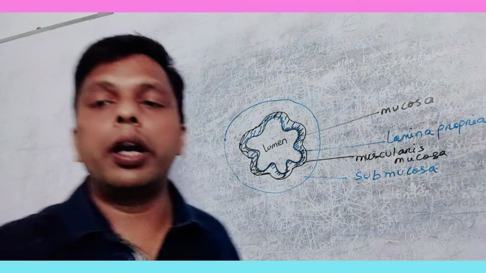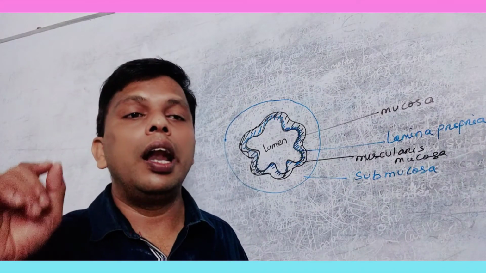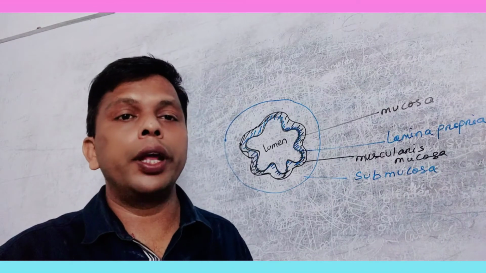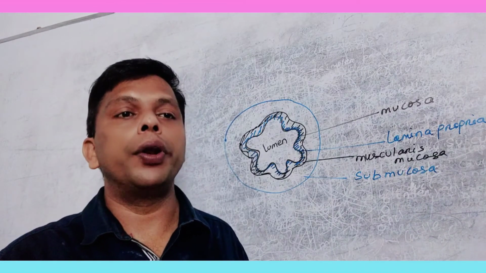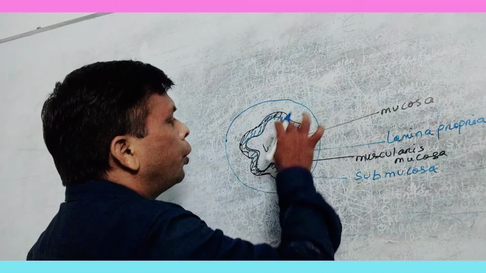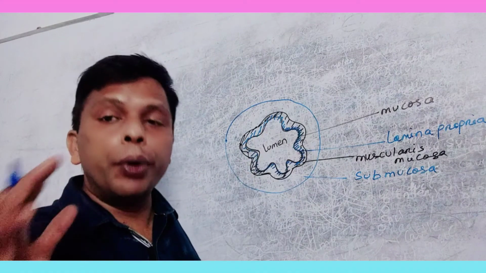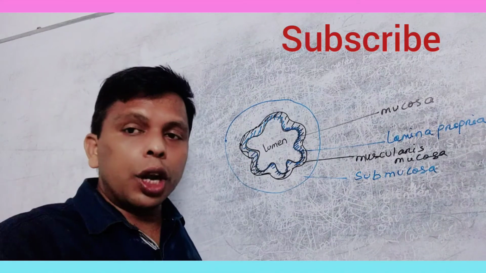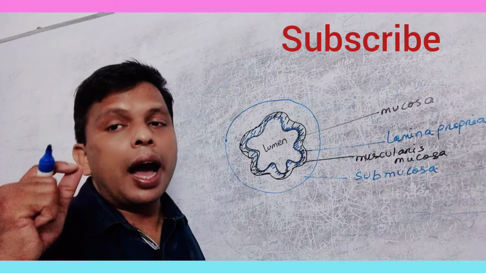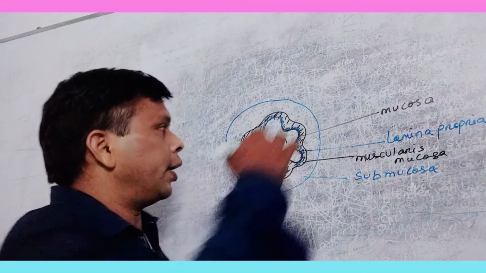What does it contain? This submucosa consists of a large number of neural bodies called the submucosal plexus. These are neurons connected to the muscularis mucosa for contraction of the alimentary canal, because contraction is needed for transport of food material.